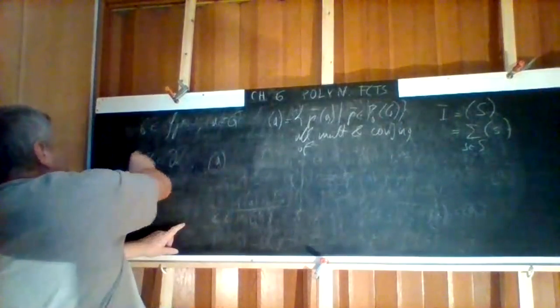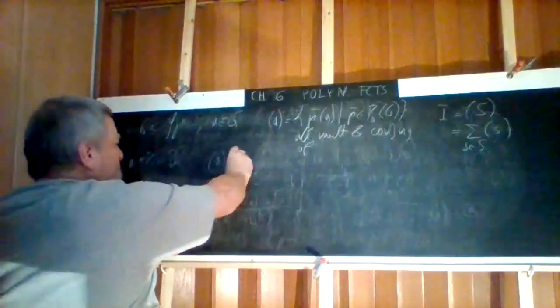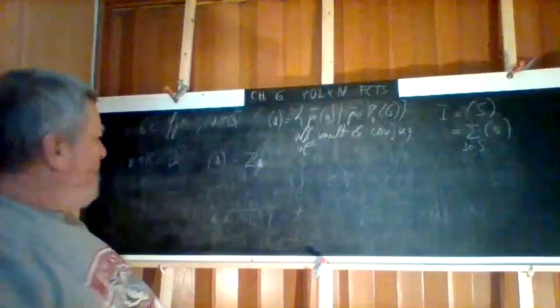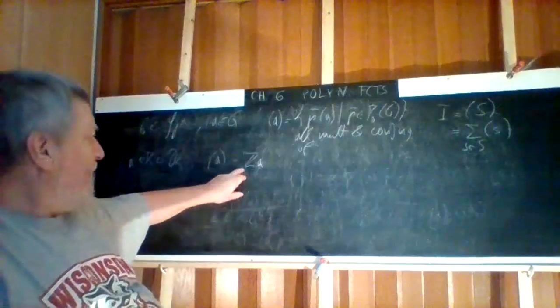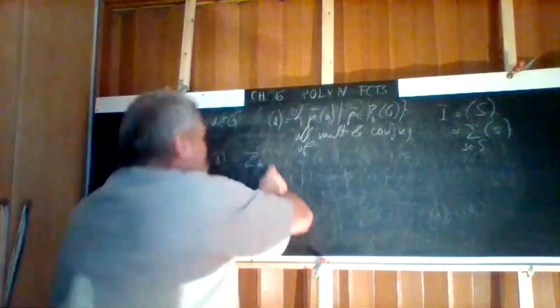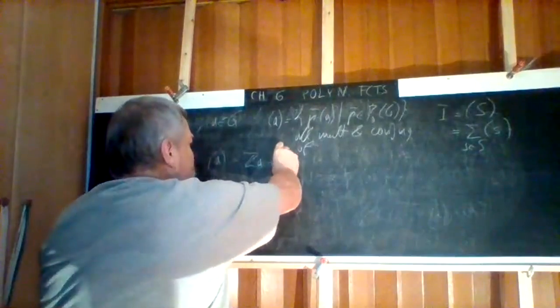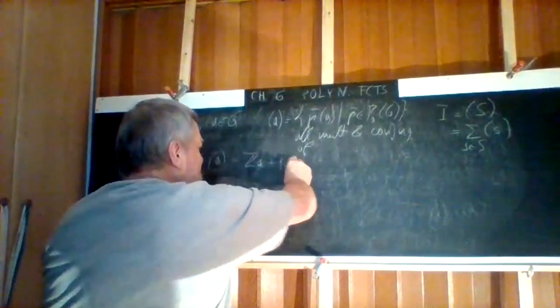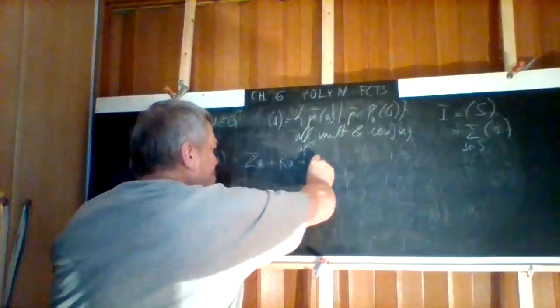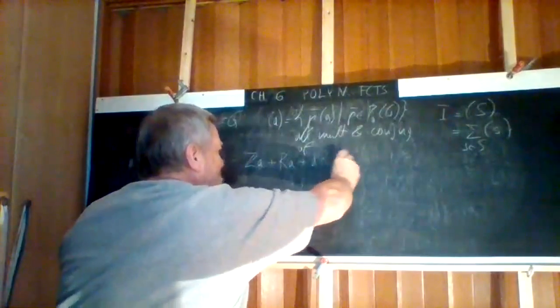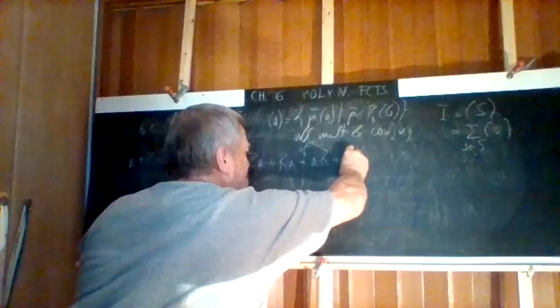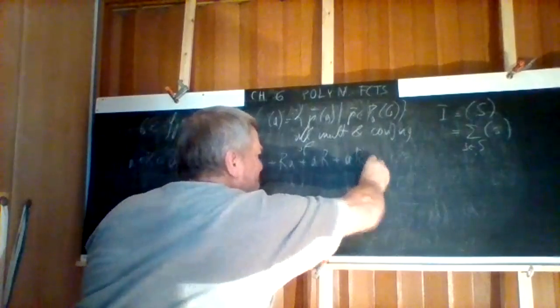If A is in R, we know from ring theory, this consists of all integer multiples of A, then we have all R times A plus all A times R plus all A R A.